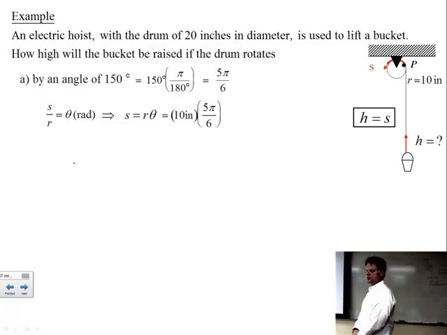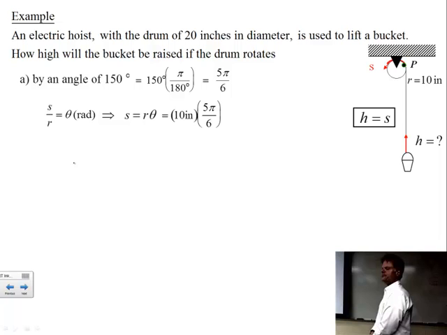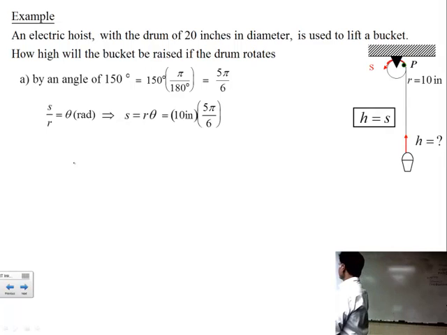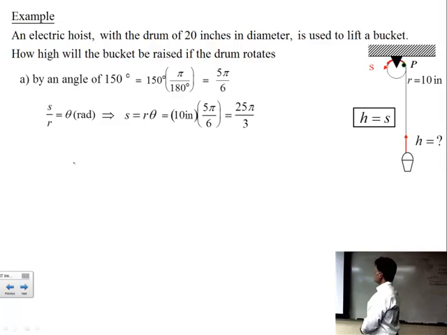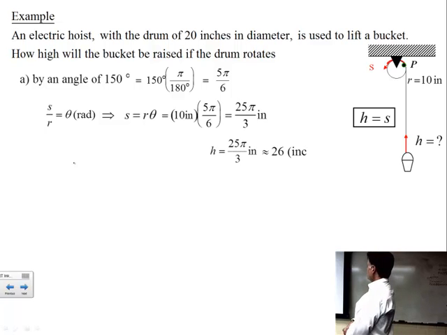Because if you keep your units with you, you'll know that, for example, you have to divide by something instead of multiplying by something. You won't make mistakes like that, because if you do, your units won't be correct. So keeping units around also helps you avoid errors. All right, so this is 25 pi over 3 inches, or that's roughly 26 inches.